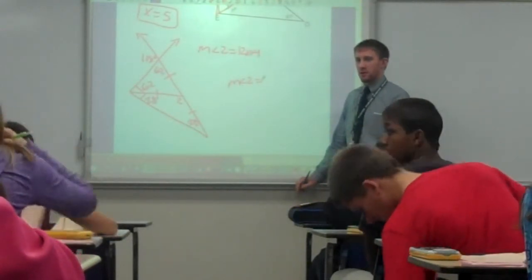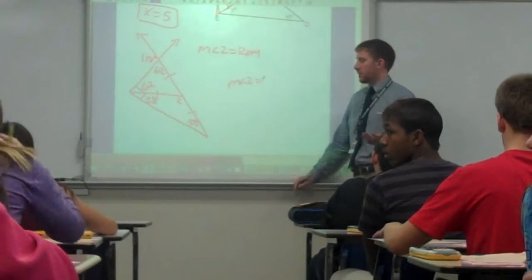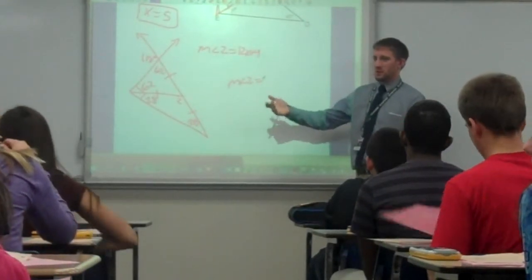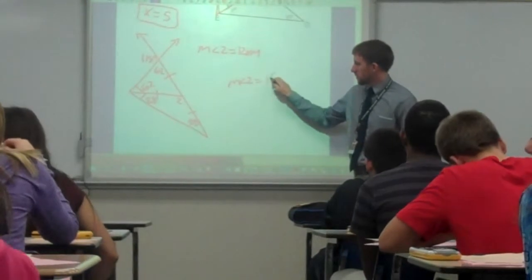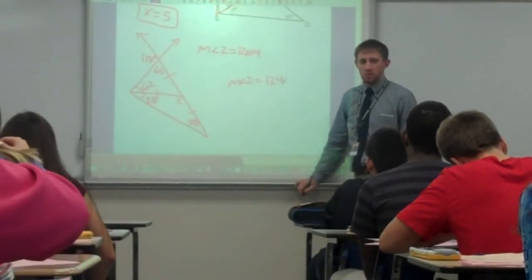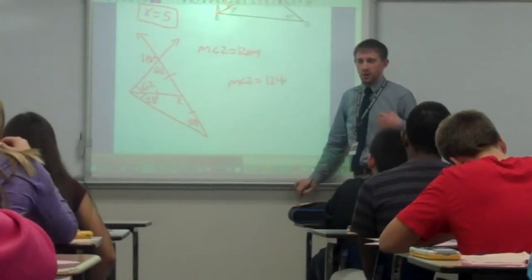How many are inside of a triangle? 180. How many did we use already? 56. 180 minus 56 is 124. Right? Did I do that right? Okay.